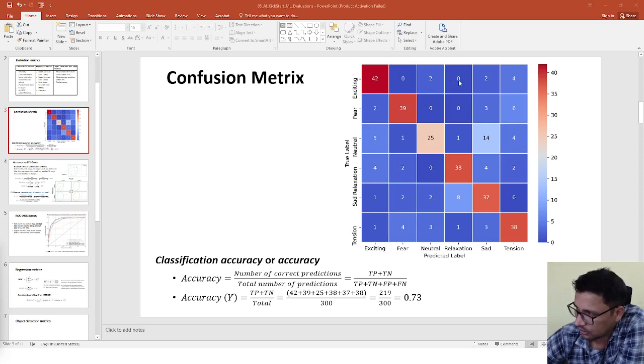Here we have 50 samples for each test class, so the total is 300 samples, and these are the correctly classified elements which are shown on the diagonal. So we add all the diagonal elements and divide by 300. This is our accuracy, right?